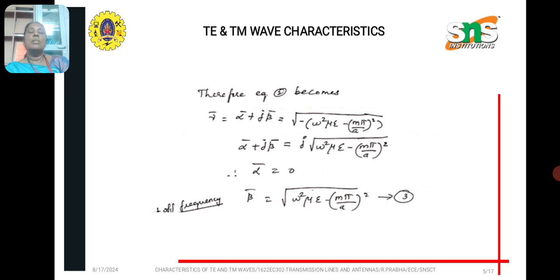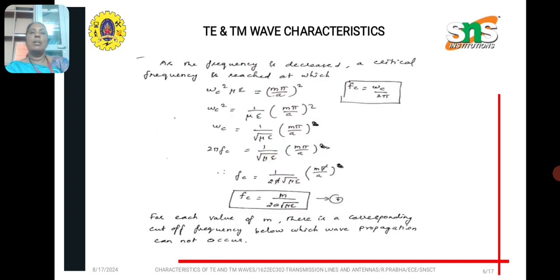So now the alpha plus j beta value, that is the propagation constant value, will have only the imaginary part. Since it is imaginary, we can understand that the real part alpha is equal to 0 and the phase constant beta is equal to root of omega square mu epsilon minus (m pi by a) the whole squared.